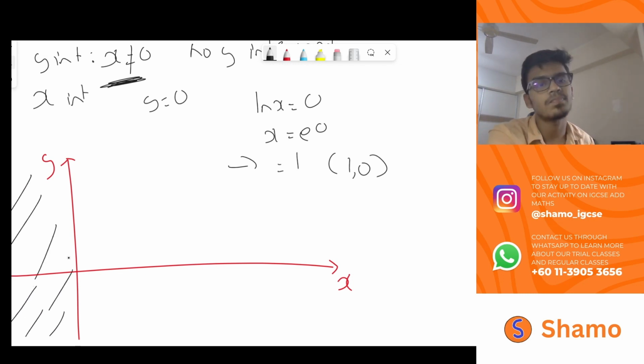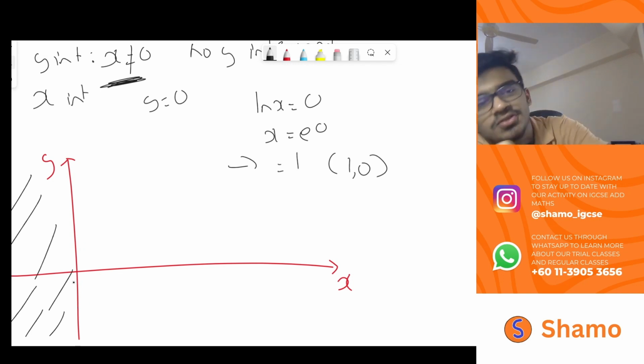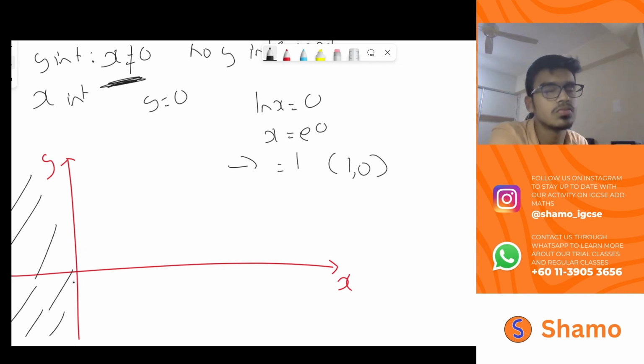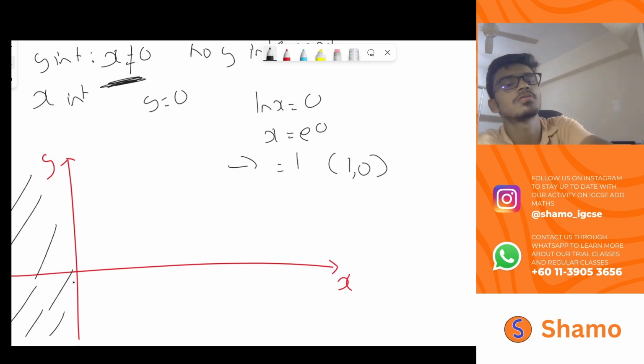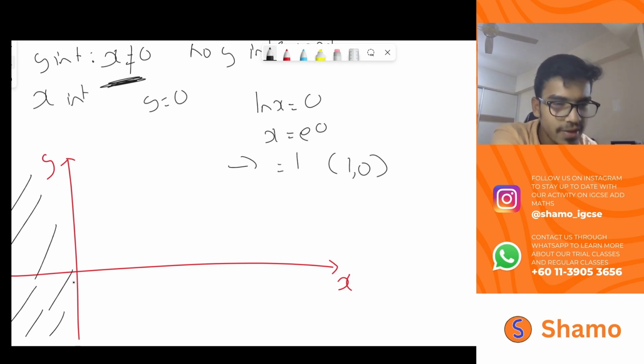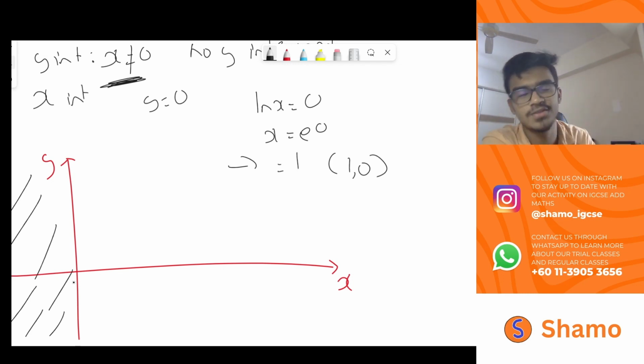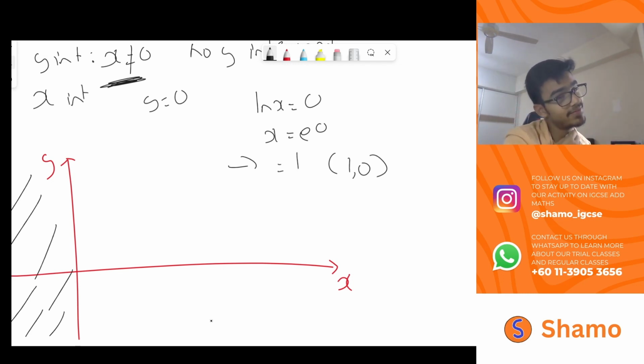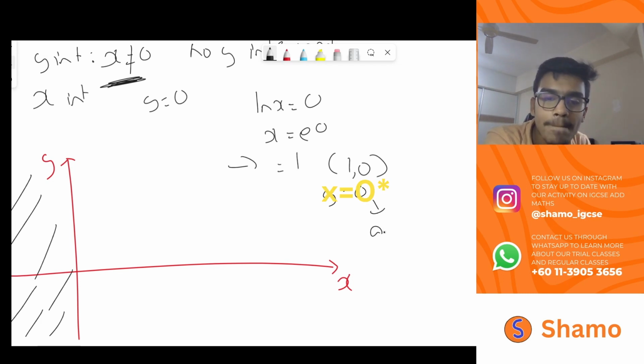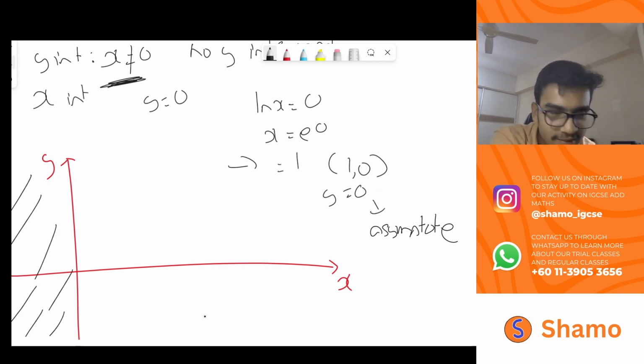So x can't be 0 either. x can be 0.0000000000001. x can be 0.00000000002. I could go on, but x cannot be 0. That should make sense that there's an asymptote at y is equal to 0.